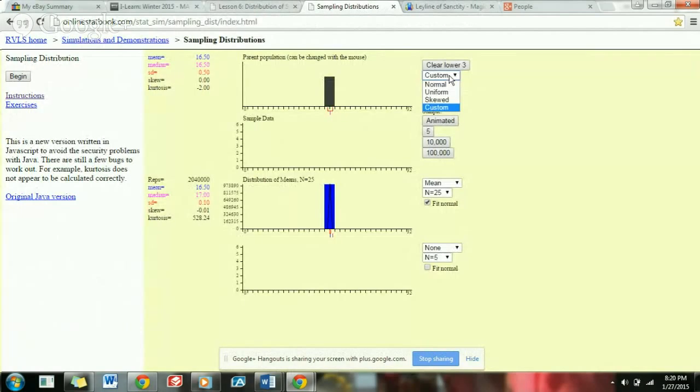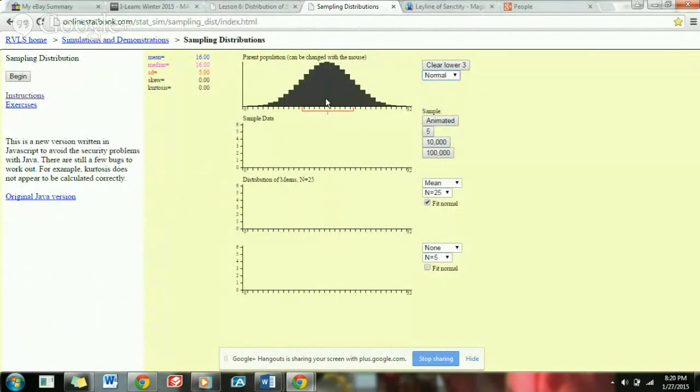Okay, so go to that same screen, and go to not custom, but click on the normal. And then mean of n equals 2, whatever.